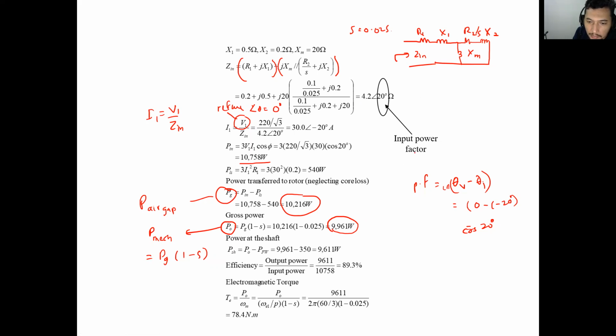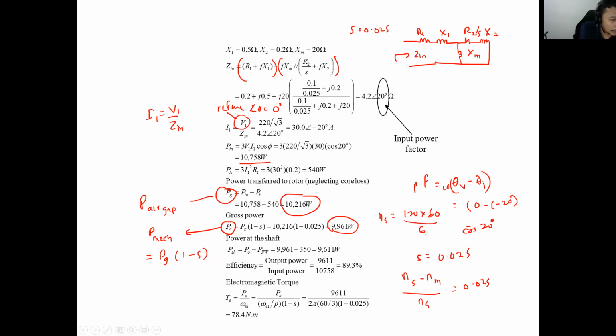Actually, to get the speed, as the slip has been given as 0.025, you can always use this formula first: ns minus n motor over ns equals 0.025, where ns is 120 multiplied with 60 hertz over the number of poles, which is 6.